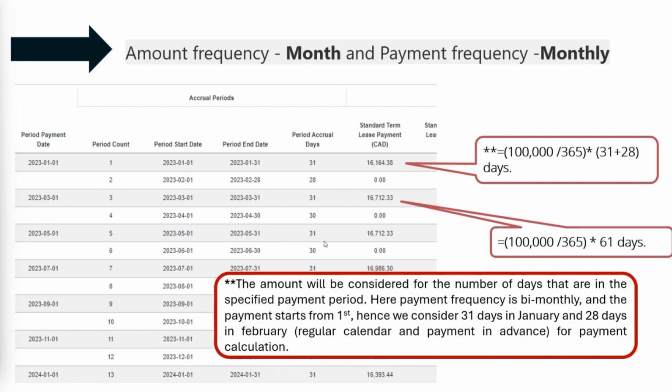For the second payment, we have 31 plus 30 days, that is 61 days. And again, we are taking 100,000 by 365 to get the per day amount and then multiplying that by 61 days.